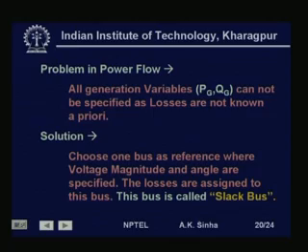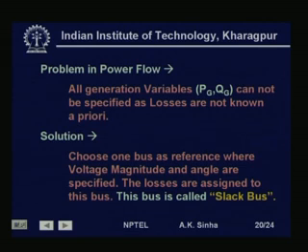So, what we do is basically we are choosing a reference bus, that is one bus where we are not specifying the real and reactive power generation. Now, if we do not specify real and reactive power generation at this particular bus bar, then we have to specify some other two variables at this bus bar, and normally the variables that we specify will be the other two, that is the voltage magnitude and its angle.